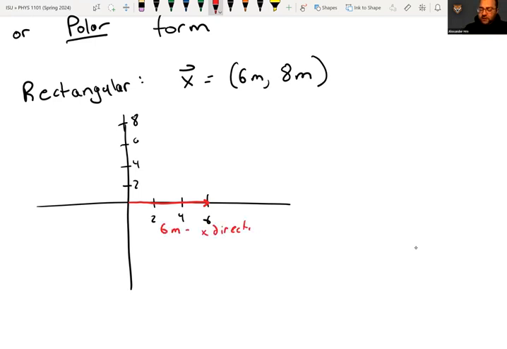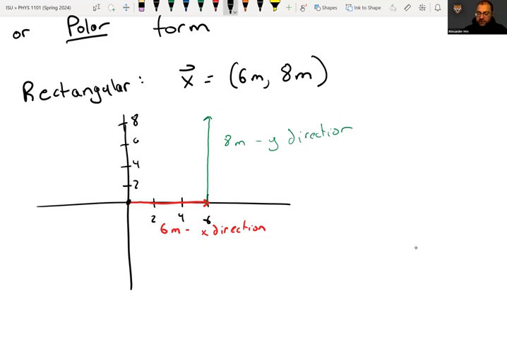And that's what that first number is telling us. Now, the second one is telling us, once we do that 6 meters in the x direction, we're also going to do 8 meters in the y direction. All right. So those are the two vector components of this vector x that we're dealing with.